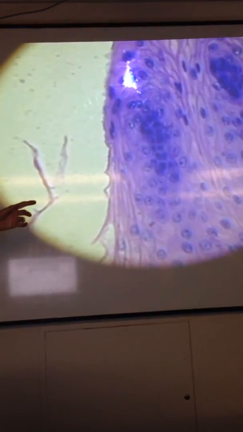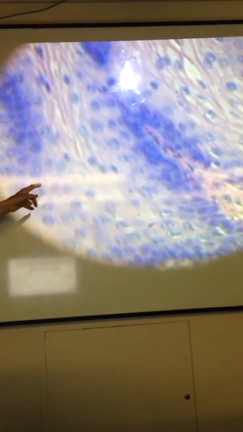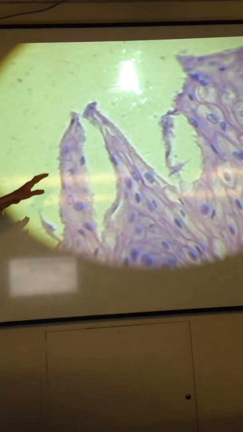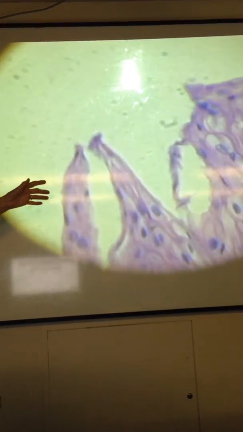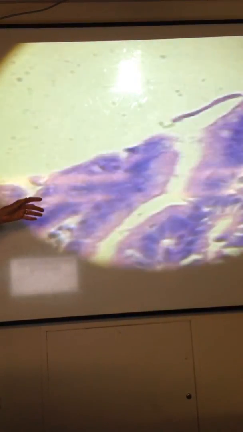You wouldn't see this high on the lab practical, but let me get up here. So this is, it's way too big, but this is stratified squamous cells all the way to the top, sloughing off because you've got wear and tear in the esophagus.